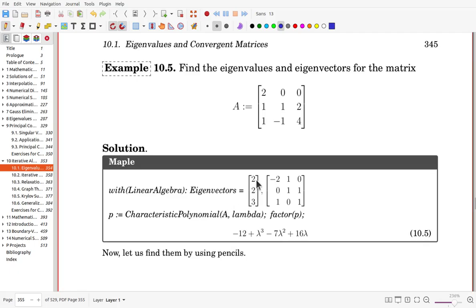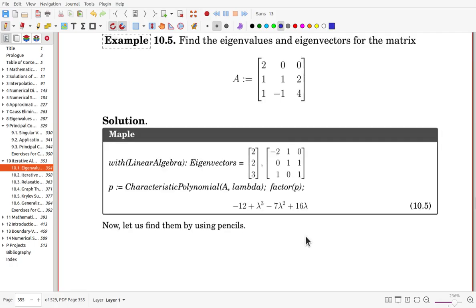Here there are 2, 2, 3, and these are the corresponding eigenvectors. Also by using this command, we can find the characteristic equation. You may try to find these eigenvalues and eigenvectors by using pencil and paper.